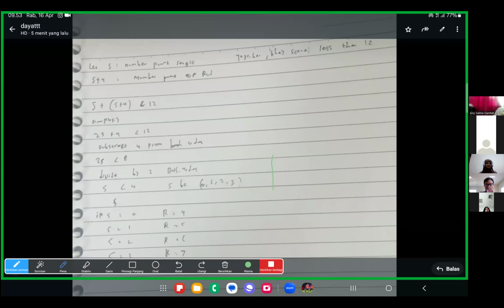S equal 1, maka R equals 5. S equal 2, maka R 6. Jadi itu Bu jawabannya. Okay, the answer is right. Correct.